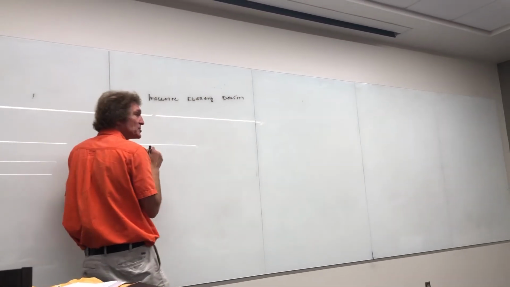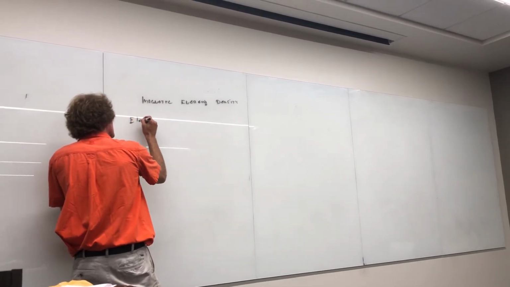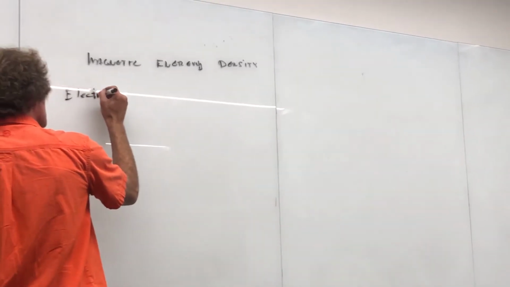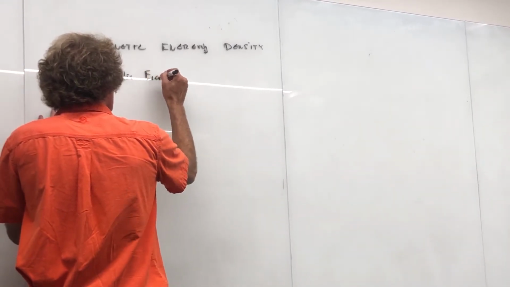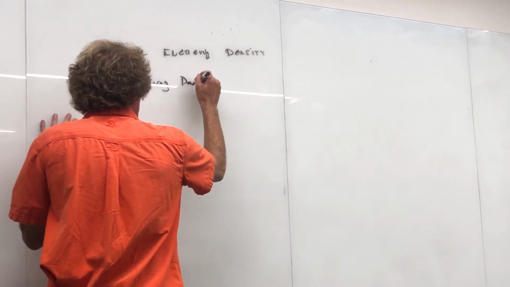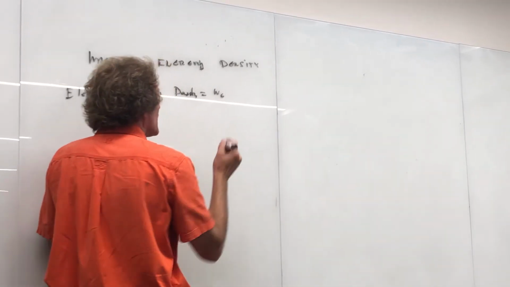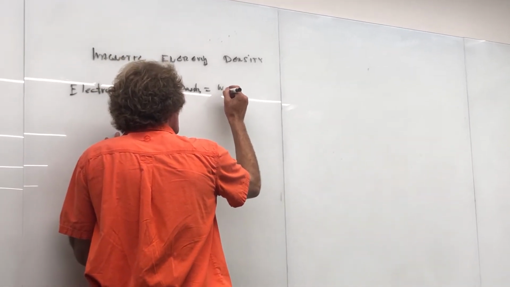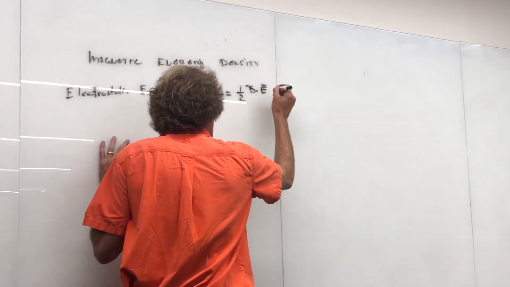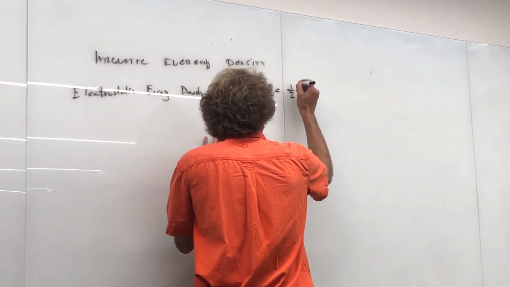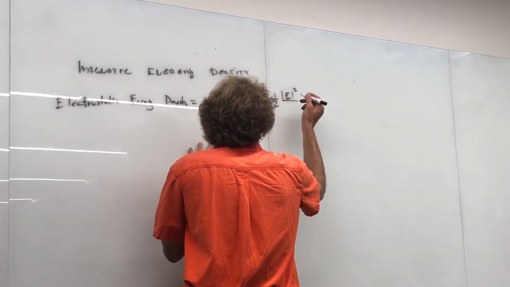In general, this is electrostatic energy density. Energy density is usually, the symbol is small w sub E, and it's 1/2 D dot E, or simply 1/2 epsilon times the magnitude of E squared.